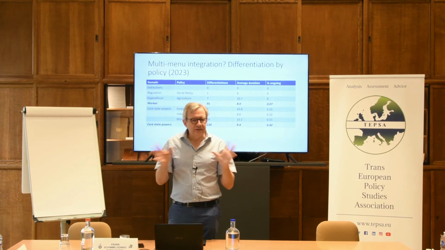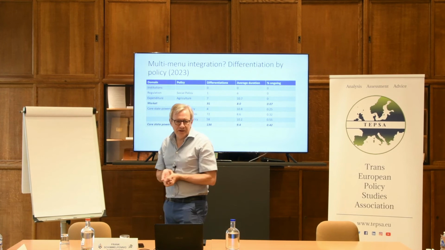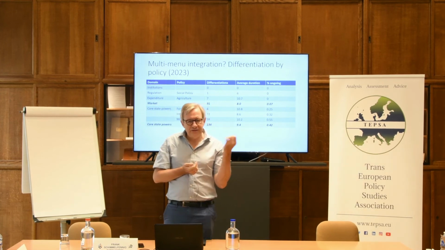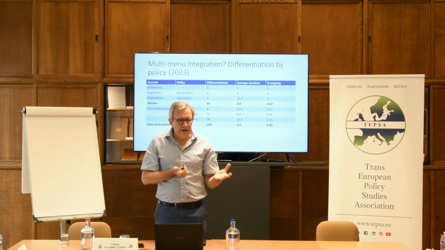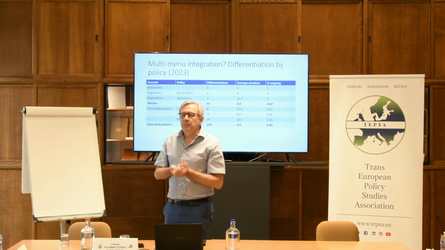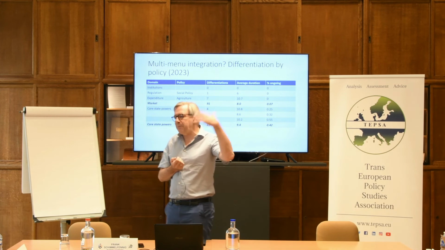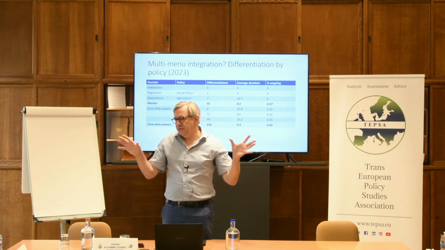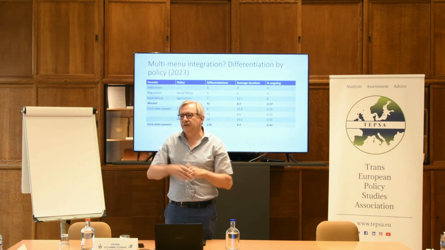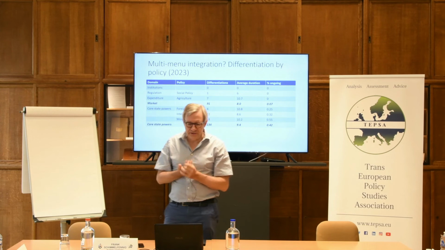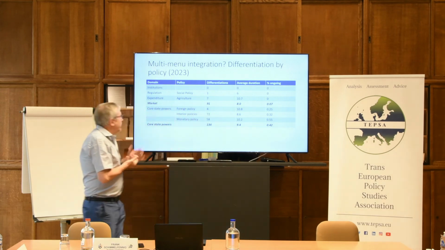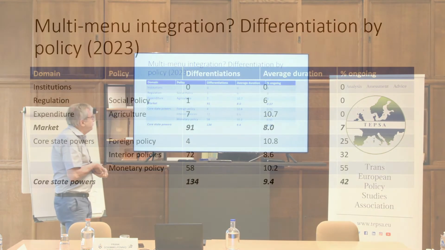So that contradicts the idea of multi-menu integration, which does not, as I said, say that there's no policy variation. There is policy variation, but this policy variation maps onto the spatial variation, the tiers. So the tiers are clearly visible in different policies. And this is what I want to show here.